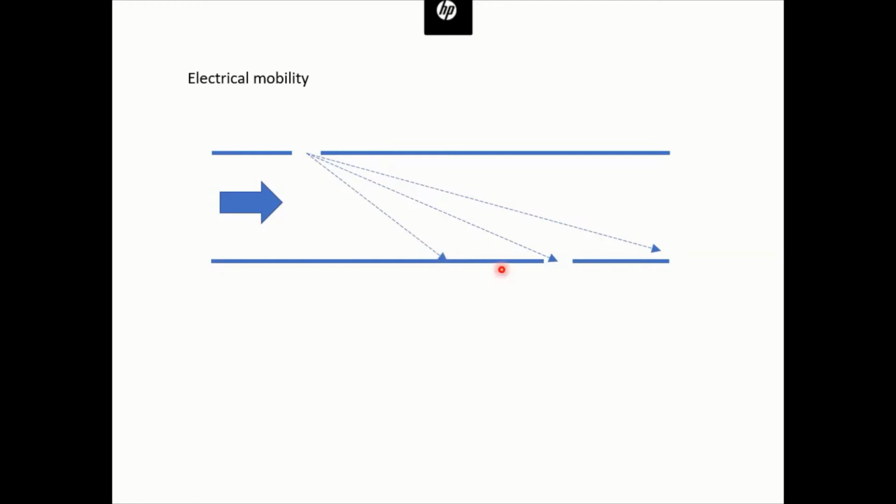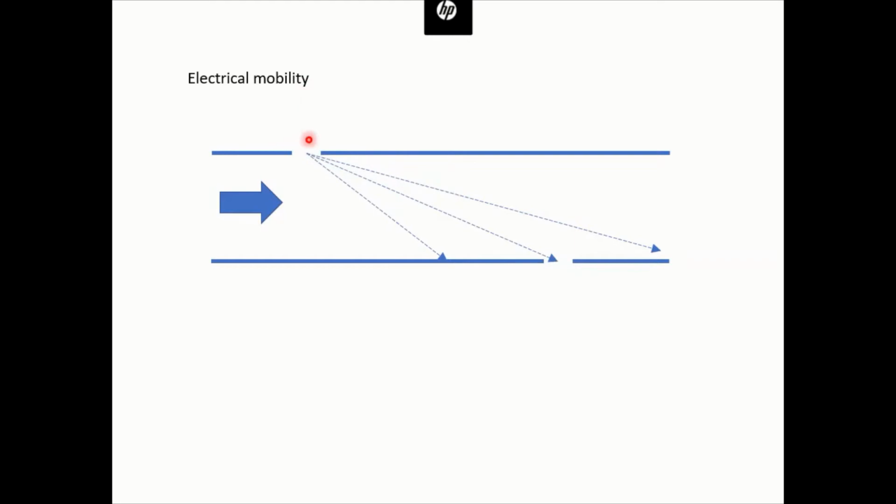Now, let's say we cut an opening on the bottom plate, okay? So we know that only particles with a specific size can go through the outlet. We call this a classifier. Basically, we're classifying particles with different sizes, right?